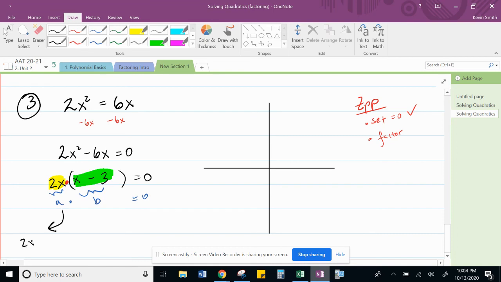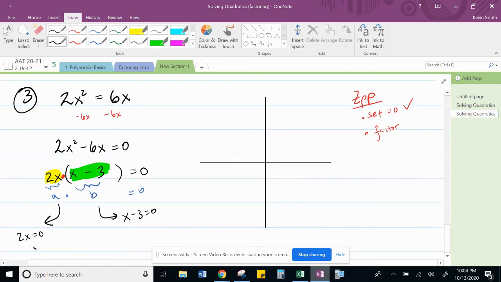Either 2x is equal to 0, or x minus 3 is equal to 0. So my two solutions would be x equals 0 or x equals 3. This would be a parabola, which would have to hit 0 and 3 and would look something like this.